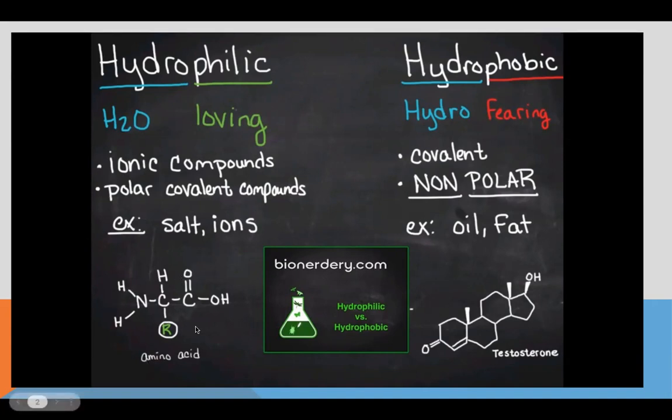You can see a couple of examples of molecules. Here's a simple amino acid, the bottom left of this slide. That would be a molecule. It's got carbon, nitrogen, hydrogen, oxygen, and then this variable component that's labeled R. Generally speaking, many amino acids are good at interacting with water.